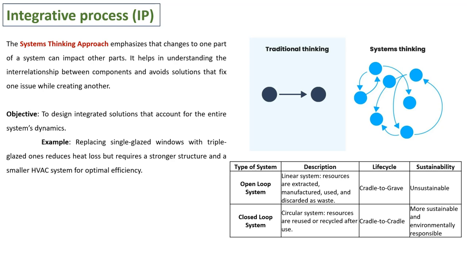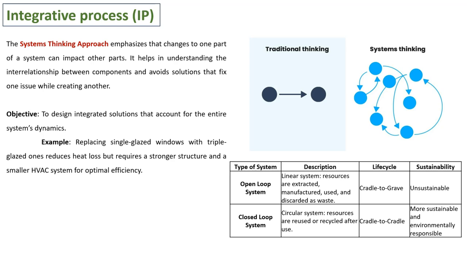So you all should be very clear that in the excitement of achieving a particular credit, that activity should not degrade or pull down the possibility of getting the points in some other credit, right? That's why the integrative process comes into the picture very first, before going to know about all the other credits. So what is the ultimate objective?